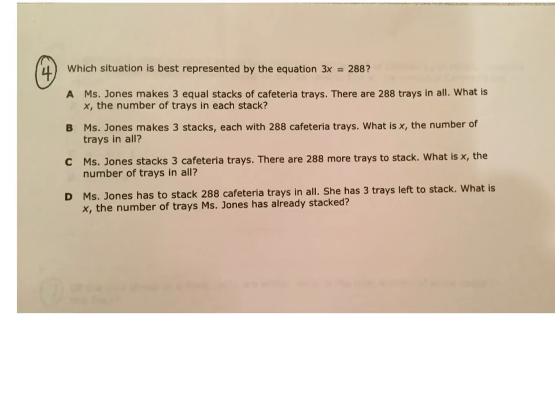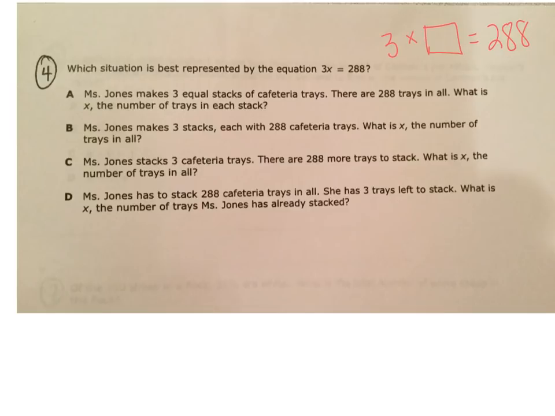Number 4, which situation is best represented by the equation 3x equals 288? Well, I know that 3x means 3 times some unknown number. So keep that in mind. So it's going to be 3 times some number to equal 288. So let's read each of these scenarios now.